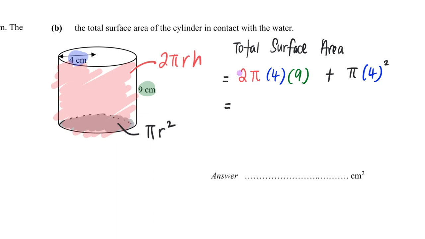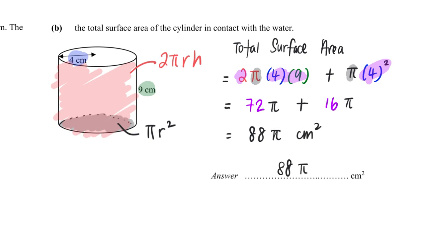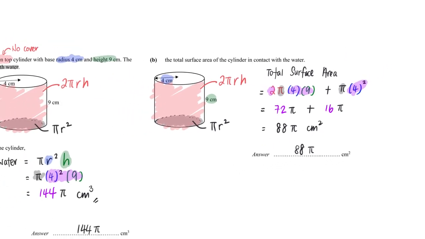So I will have 2 times 4 times 9. This will give me 72. I still have my pi here. And I have my 4 times 4. 4 square is 16 pi. Final answer, 72 plus 16, 88 pi. Alright, and we have come to the end of this question.